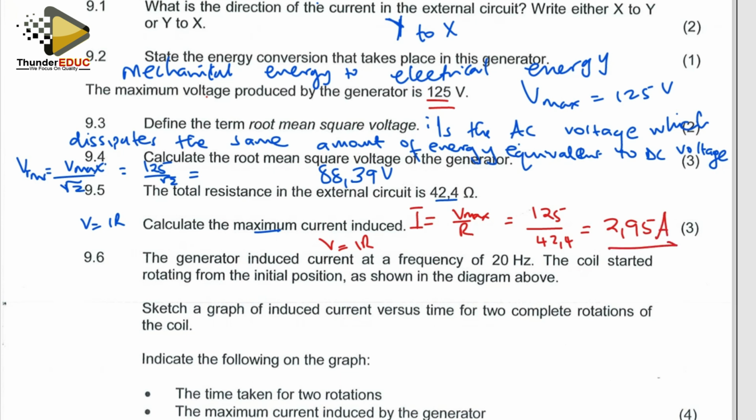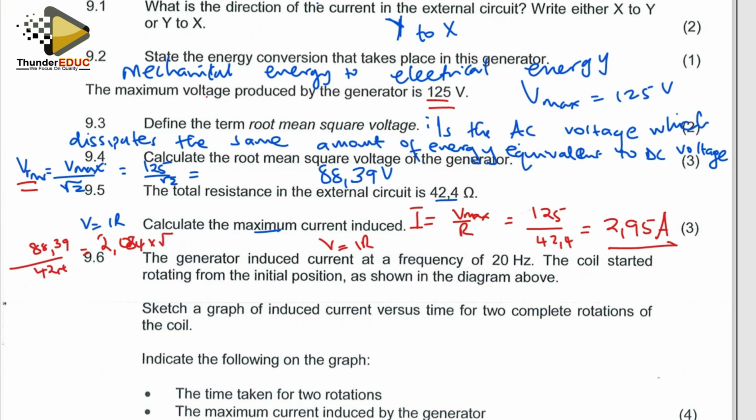Alternatively, since we got the VRMS, we can also do the substitution using this. We have 88.39 divided by 42.4, which gives us 2.084.